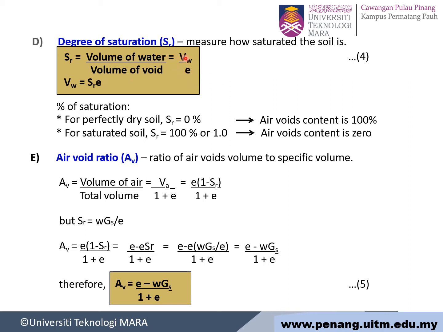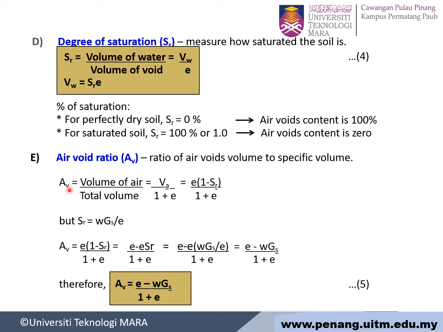So SR is equal to V water over E, where V water is equal to SRE. Alright, so how about air void ratio, AV, the ratio of air void volume to specific volume. Okay, so we want to know how much is the air volume.